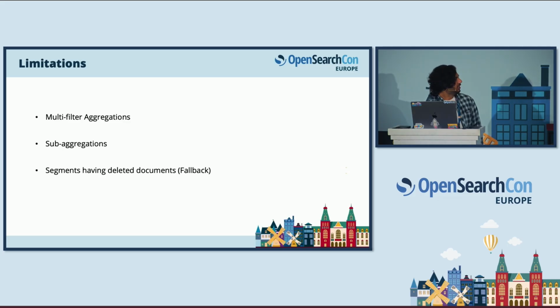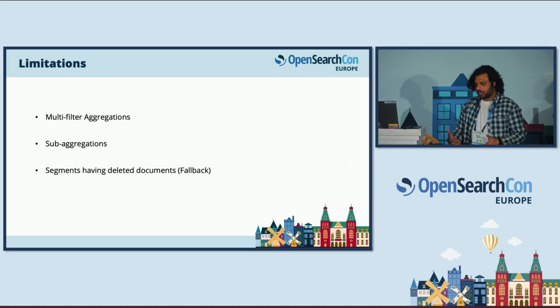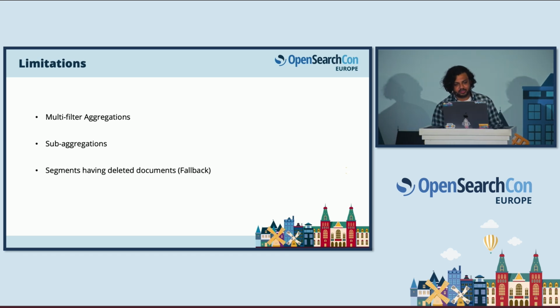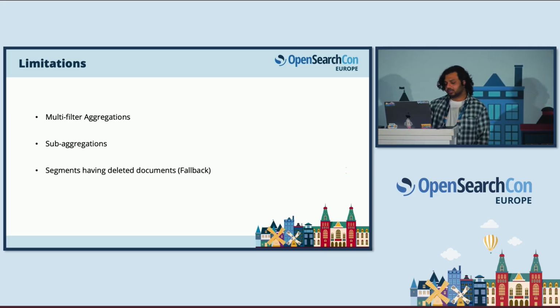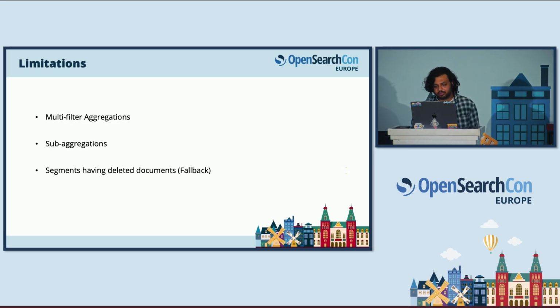I also already talked about deleted documents. These Lucene index structures, BKD, terms enum, dictionary, don't account for deleted documents, which are stored separately in a bit set. That's why we check that the segments don't have any deleted documents before applying these optimizations.